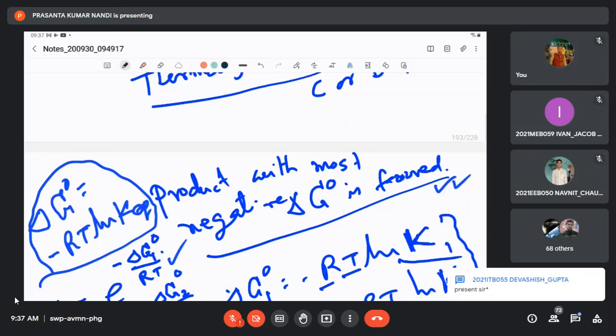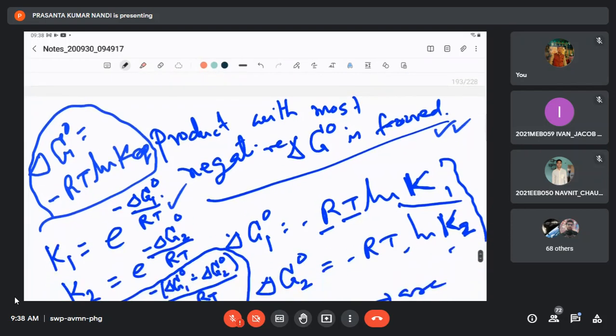When reactants and products are present in a reaction mixture, what is the change in free energy as the reaction gradually progresses? Not necessarily at equilibrium. Whenever a reaction starts, some products are formed, and as soon as they are formed, they naturally have a tendency to produce back the reactants. As a result, we can calculate the free energy change of the reaction mixture.